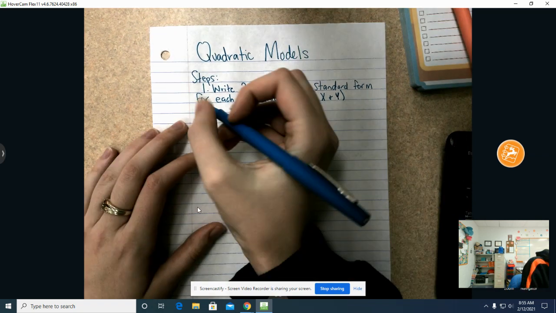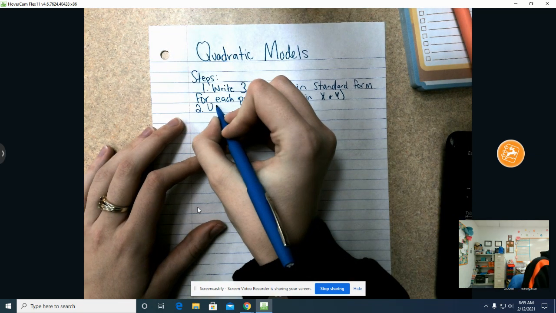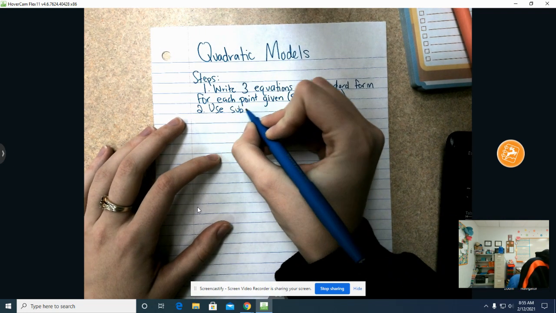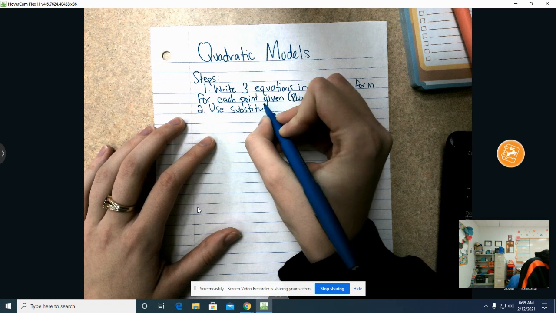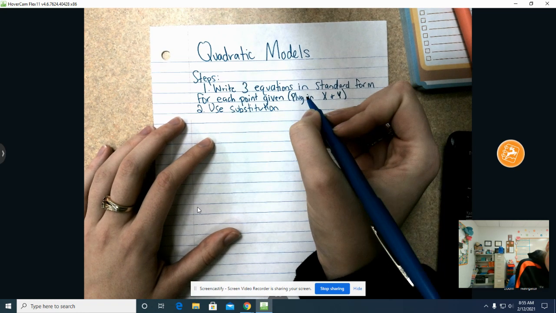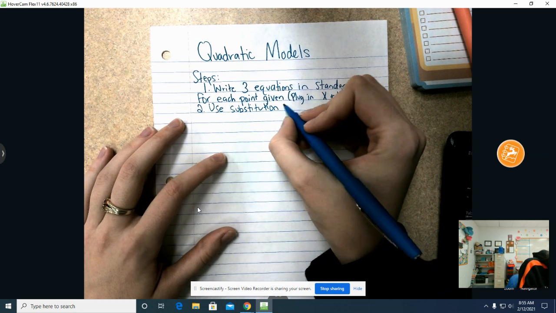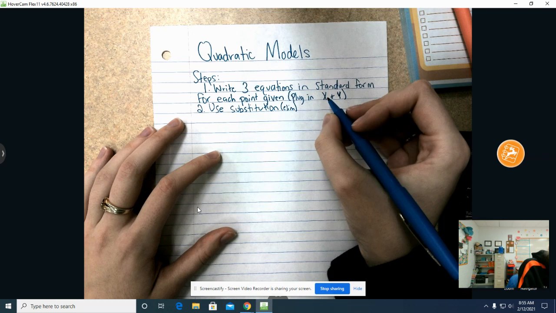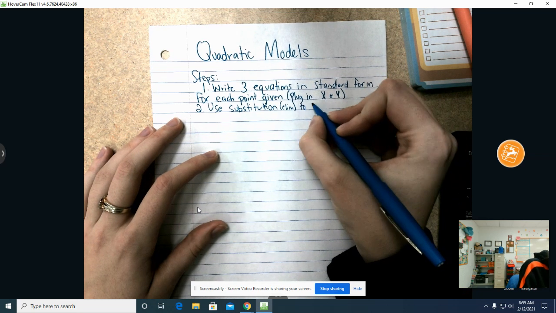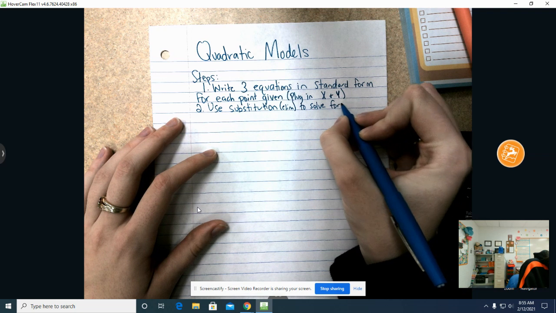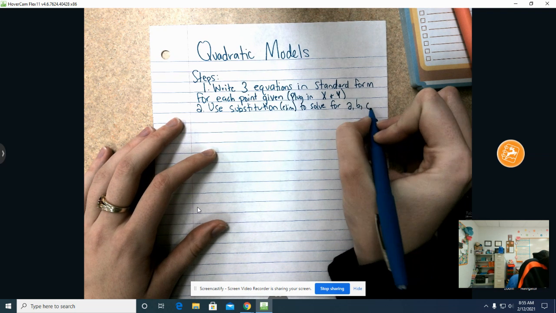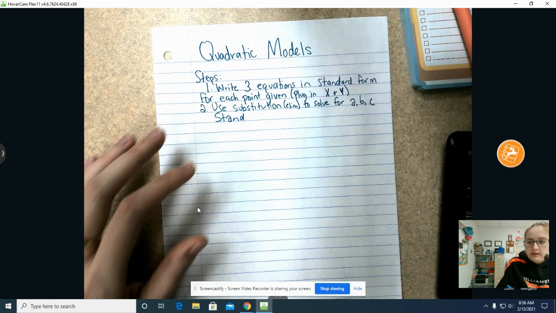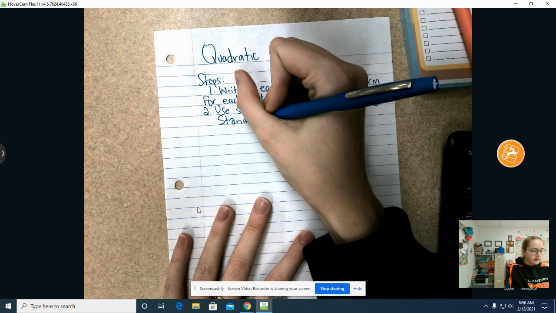Then step 2 is we want to use substitution most of the time, or elimination in parentheses in case we ever need it, to solve for A, B, and C. So if we recall standard form, I always forget you all can't see me when I lean up.